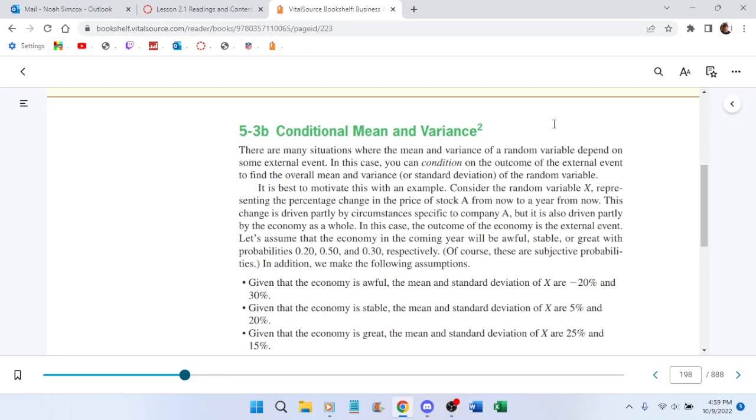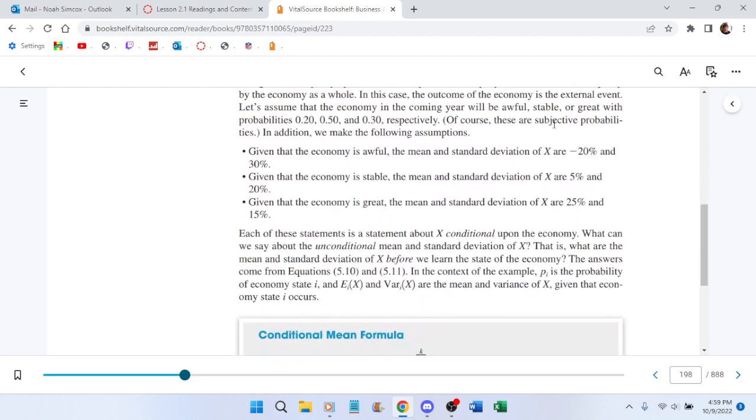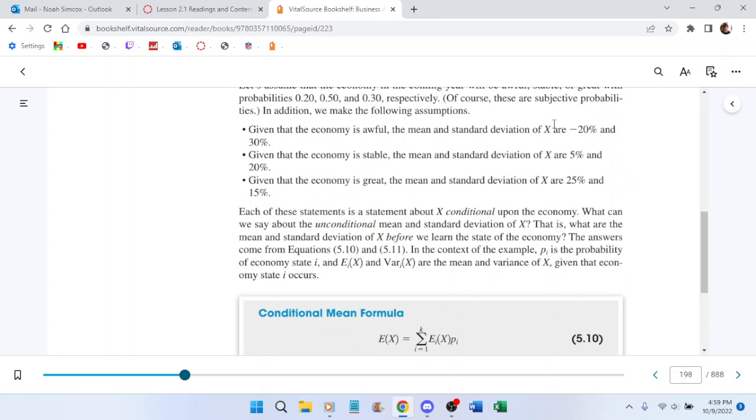Okay, if the economy is awful, the mean and standard deviation are these two things. If it's stable, it will be these, and if it's great, it will be these. Unconditional mean was it before we learned the state of the economy.